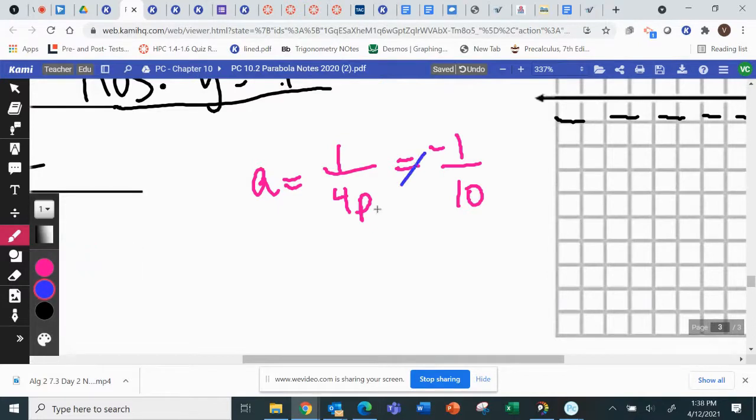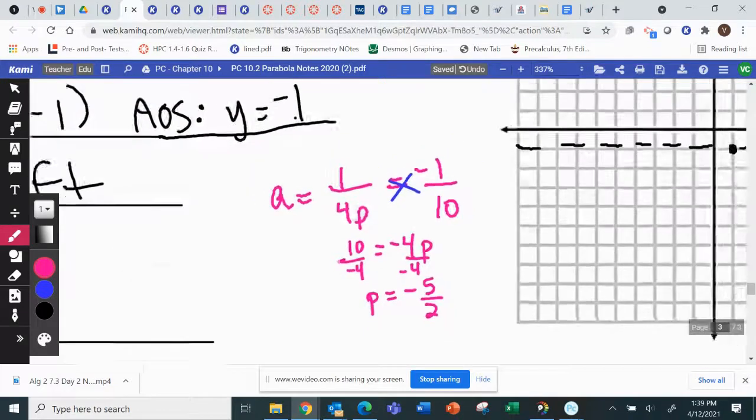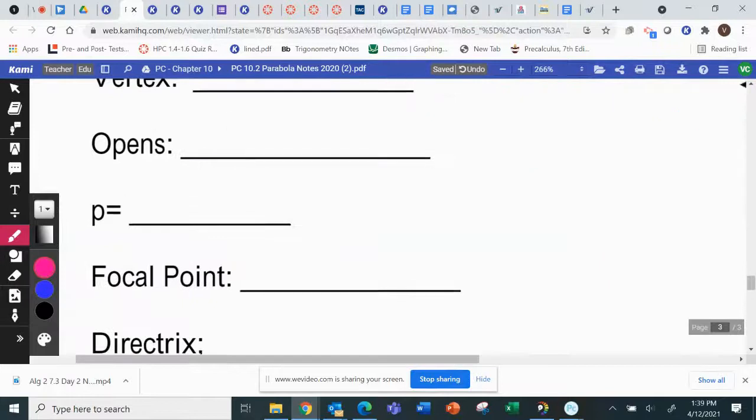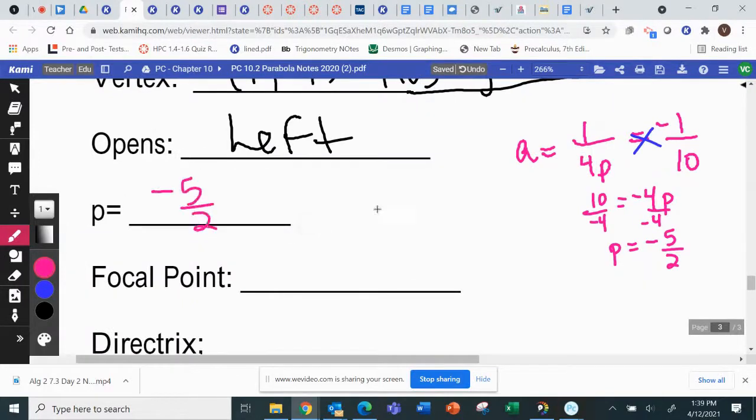When I cross multiply this, I get 10 equals negative 4p. Divide both sides by negative 4. p equals negative 5 over 2, which is negative 2.5.